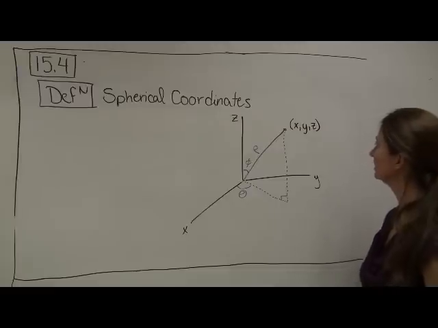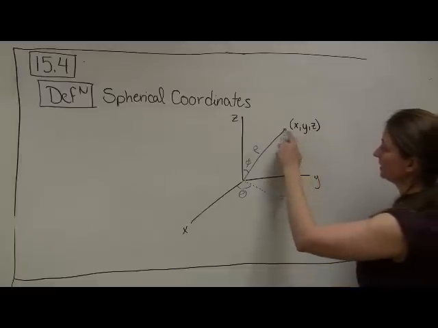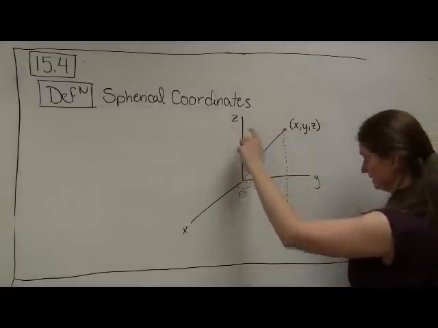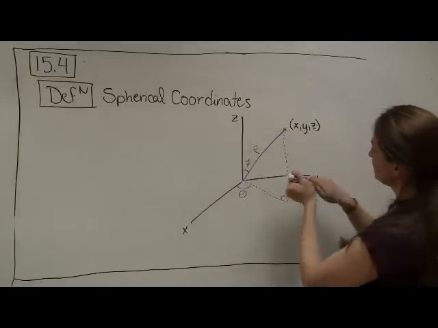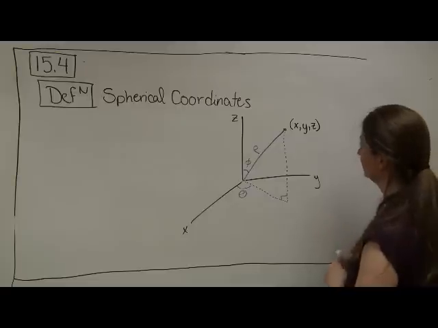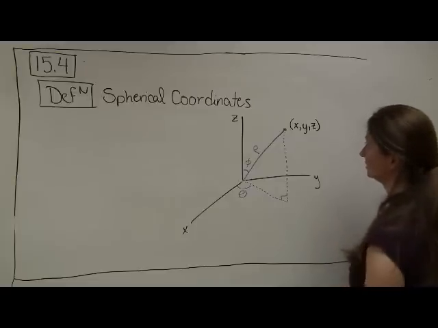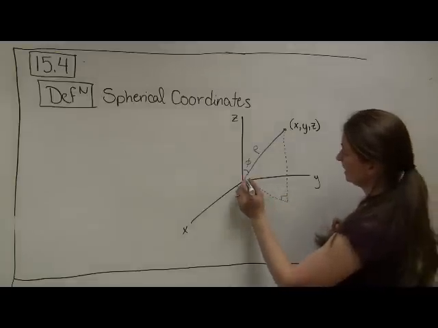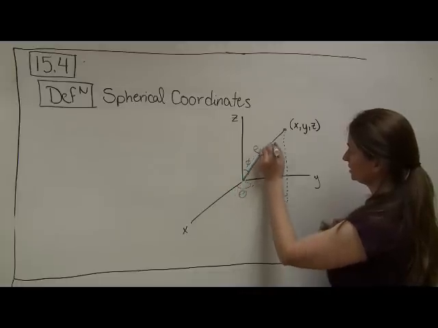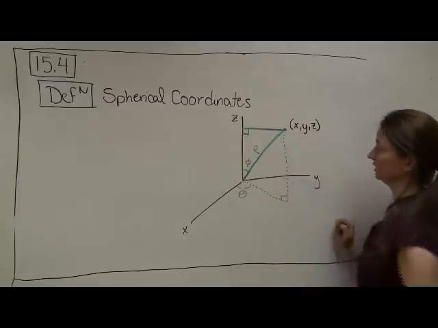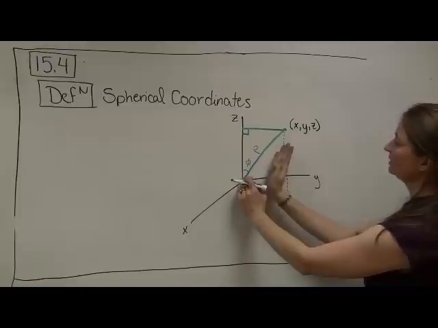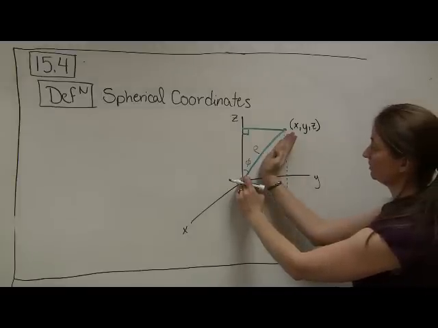So the easiest triangle to figure out is the fact that if my height is up here at z, what is z? In this case, I can look at this triangle that's formed right here. Maybe I should do these all in different colors. So when I'm doing my z, I'm going to look at this triangle right here. And I see that the hypotenuse of this triangle is given by my rho.